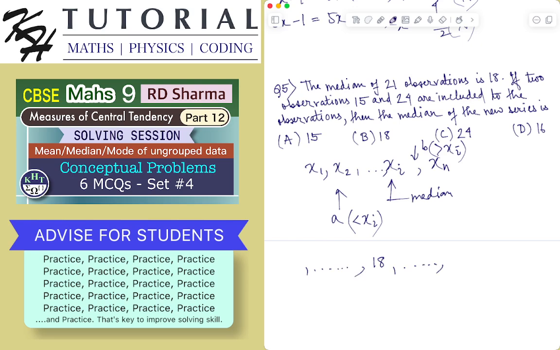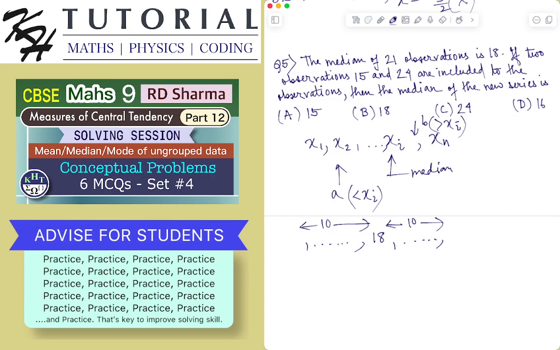Obviously, since there are total 21 observations, to the left hand side of the median there will be 10 observations, and to the right hand side of the median there will be another 10 observations. All the observations to the right hand side of the median are greater than 18, and all the observations to the left hand side of the median are less than 18, because I am considering all the 21 observations to be sorted in ascending order.